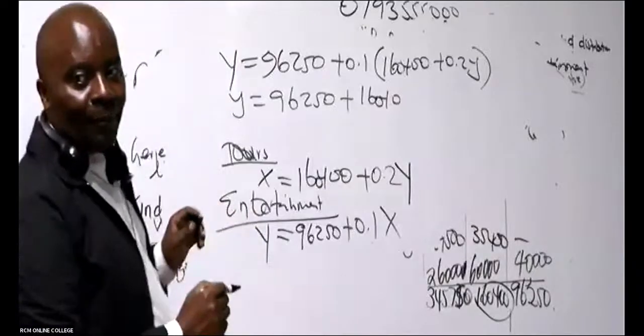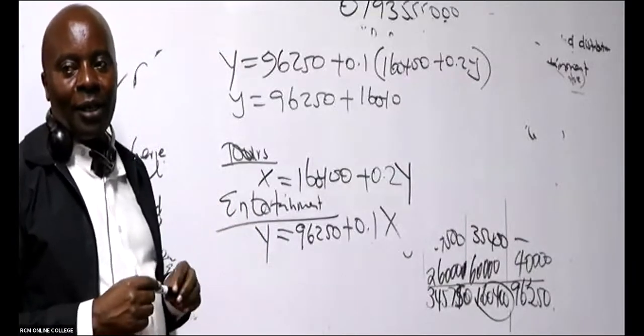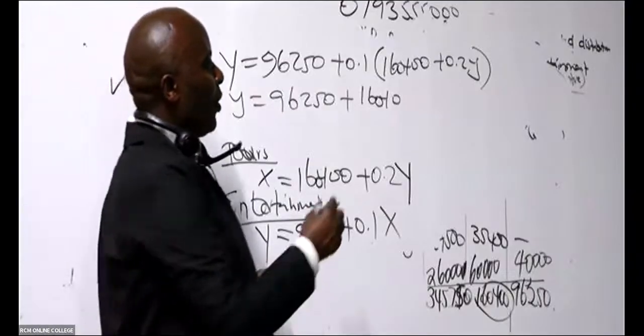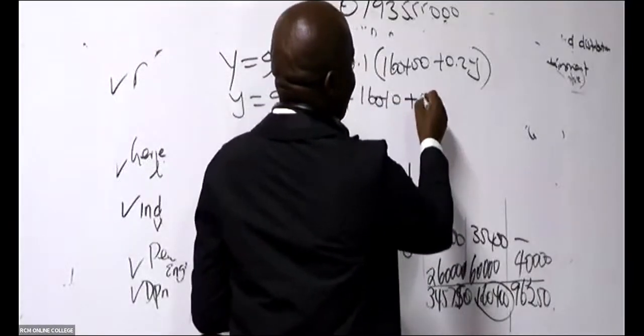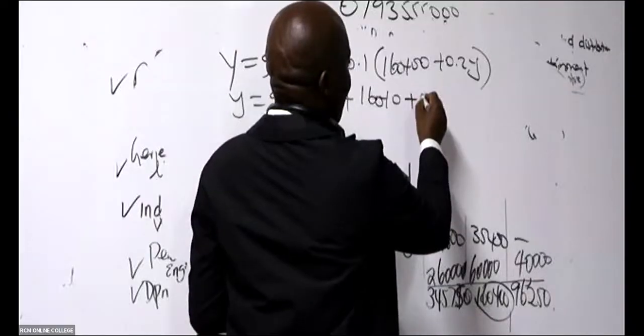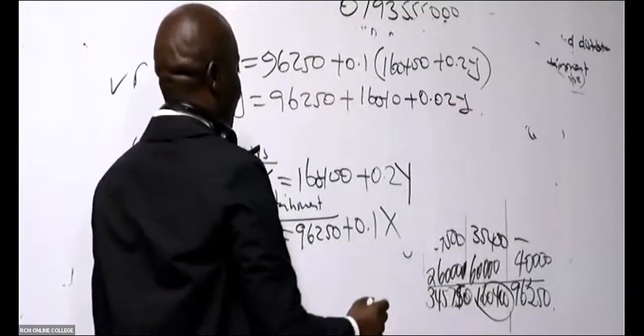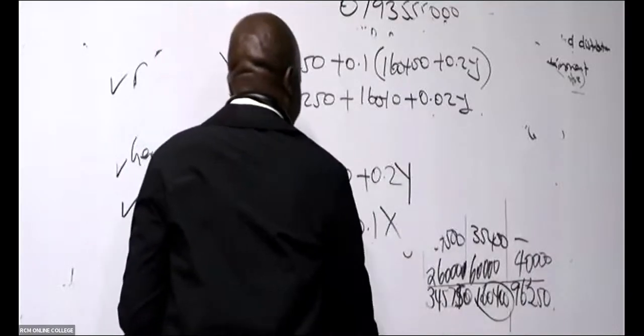Is that okay? Plus what here, somebody? Plus 0.02Y. Why? So take this to the other side.